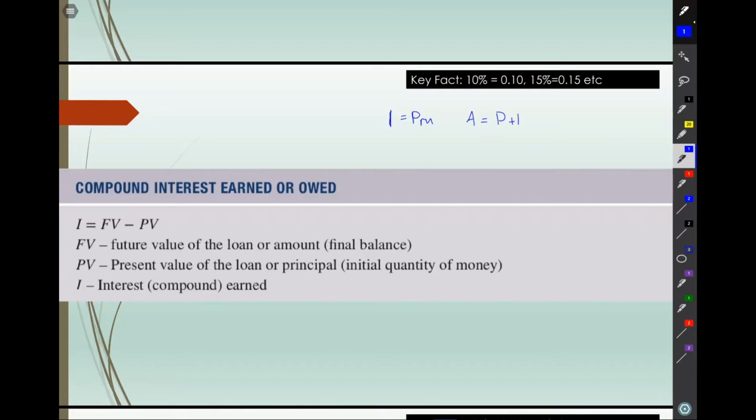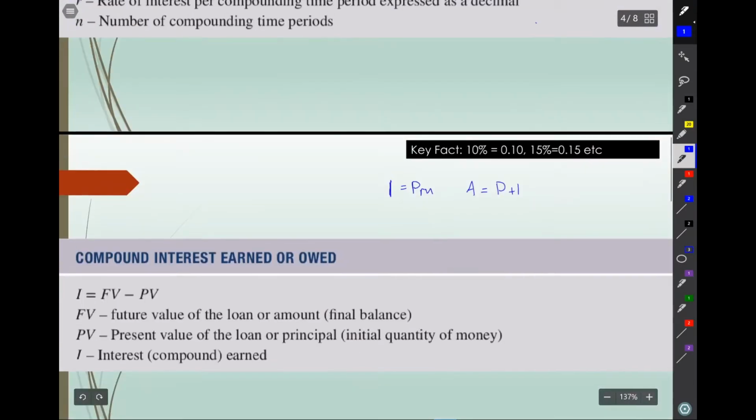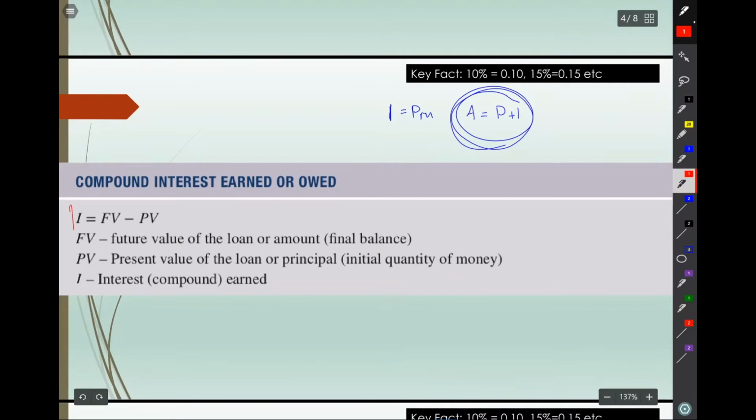Well, the compound interest formula actually gets us straight to the total in the first go. So if we want to come back to know the interest, we have to take that final amount and subtract what we started with, and what's left is the interest. If that's a little bit confusing now, that's okay. I think it will make a lot more sense once we see an example.